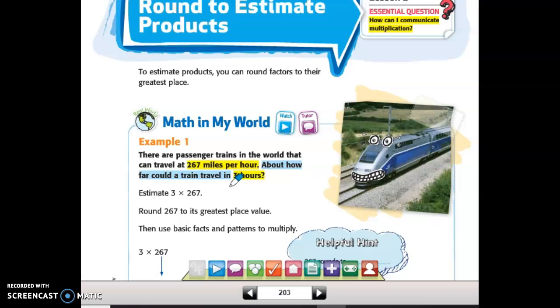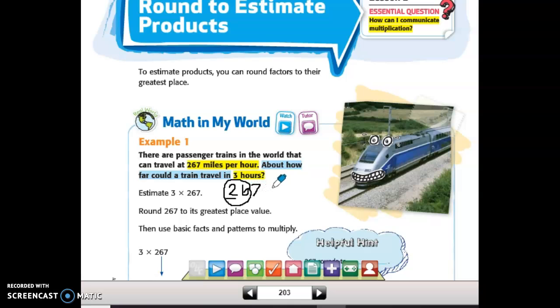So I've got 267, and it says to round to the greatest place, so I'm going to round to the hundreds place. So I'm going to underline that hundreds. Circle the one that I underlined and the one before it. And I've got 26.